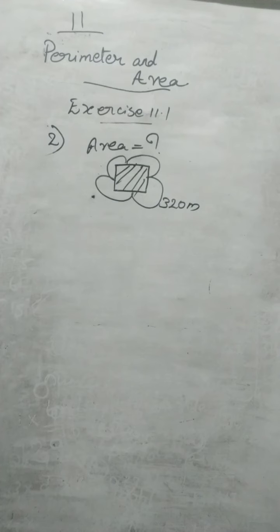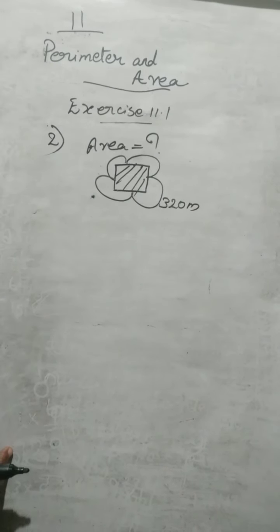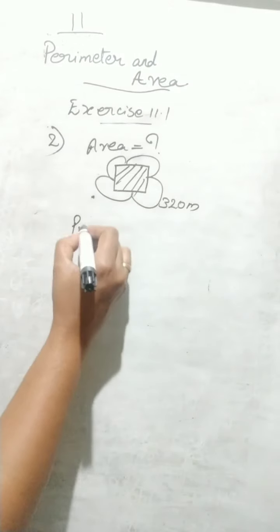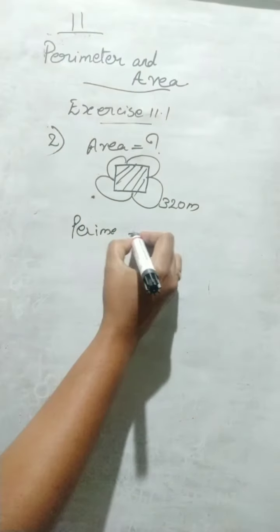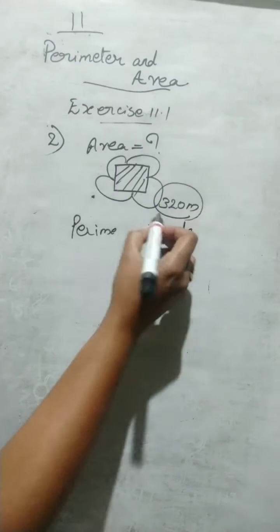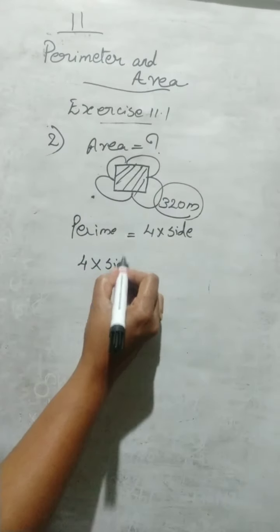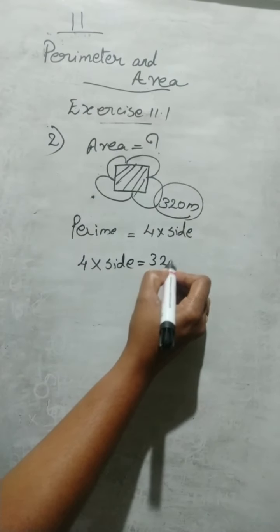We know that the perimeter of a square is equal to 4 times side. Here the perimeter is given very clearly. That is 4 times side is equal to 320 meter.